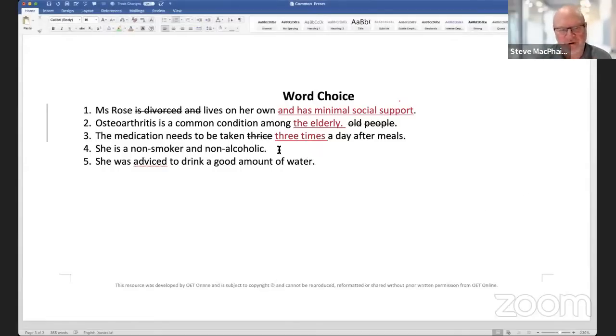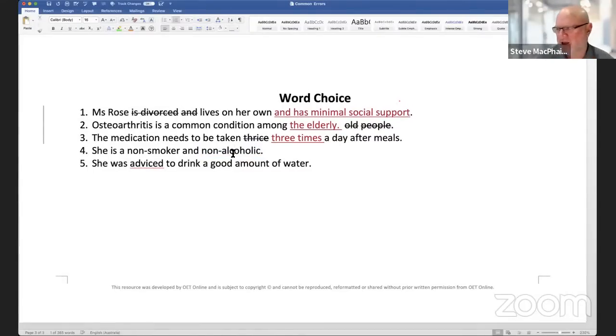She's a non-smoker and non-alcoholic. Now, this one's a tricky one. We can say non-smoker, but can we say non-alcoholic? Is that right? What is an alcoholic? Yes, not an alcoholic. What word can we use?